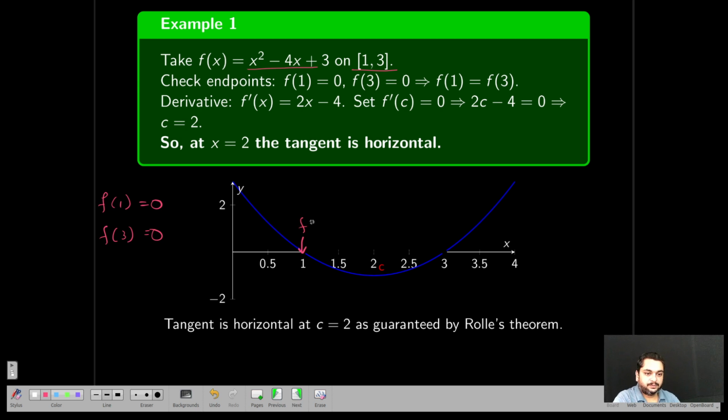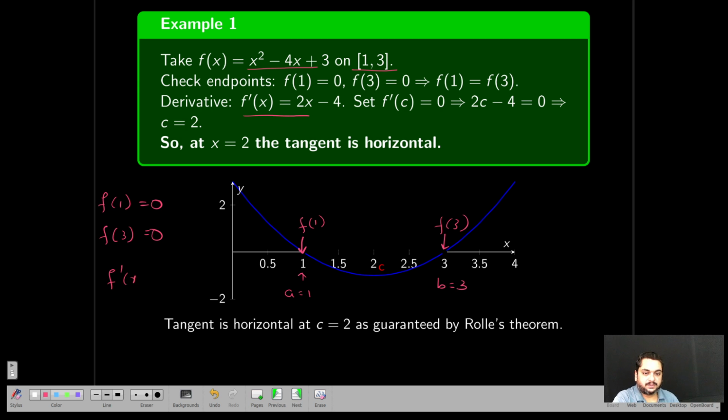This is f of 1. This is f of 3. So this point is a equal to 1. This is b equal to 3. So what it says, the derivative f dash of x, there will be a point where the tangent is horizontal.